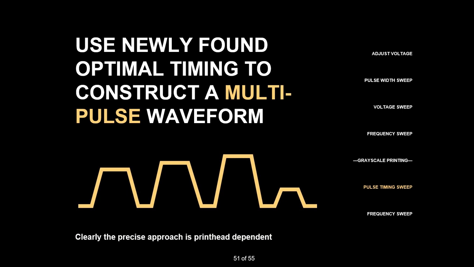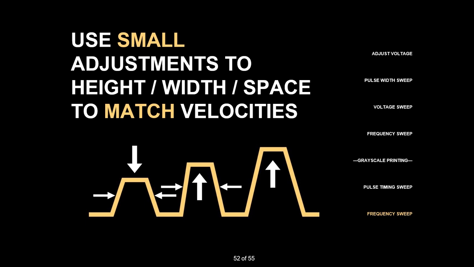But in general, this is the concept we're going to be working with. Then as needed, we can make small adjustments from there. This is where waveform optimization walks the line between an art and a science. Up to this point it's been science, and now it's a little bit of experience, art, and experimentation.